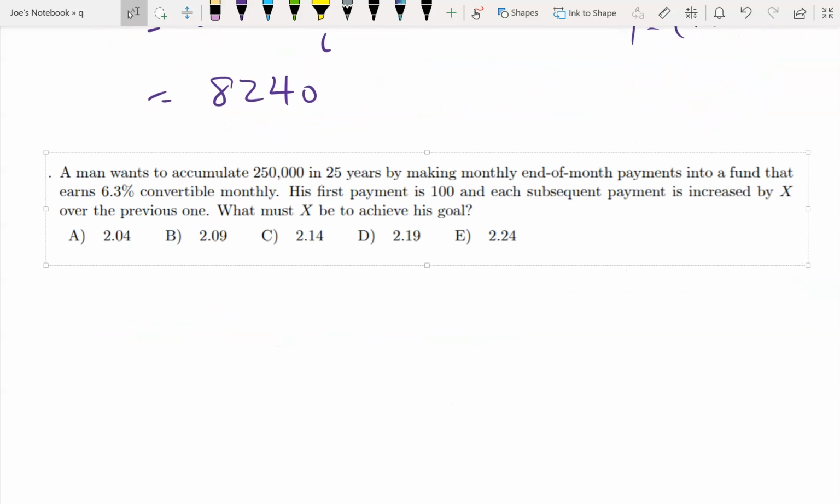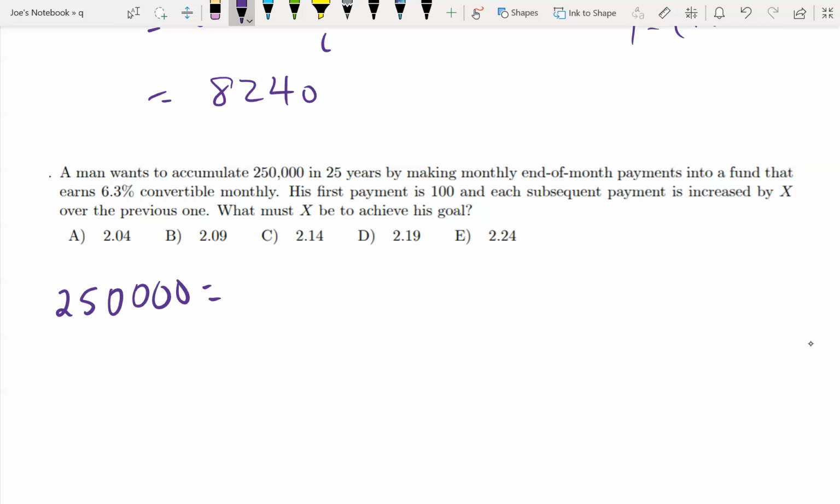Now you could make it a present value and then move it forward. It's probably easier just to make it an accumulated value equation. I want to accumulate $250,000. There's a level part and there's an increasing part, right?